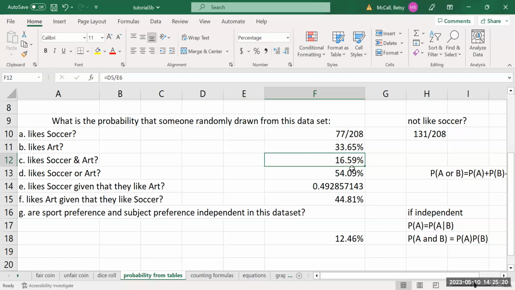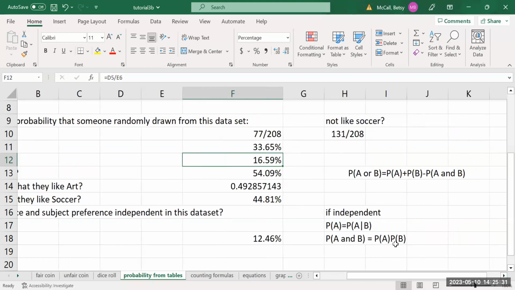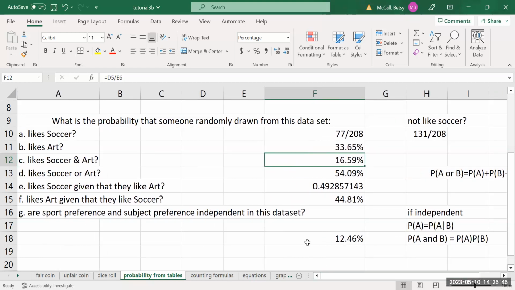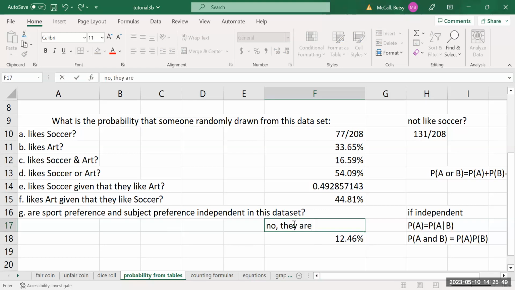And again, just to put them in the same format, 16% and 12% are not the same value. So we know this is not true. Again, this is why we can't use this multiplication rule to do the AND condition in our OR formula. We will get the wrong answer because they are not independent. We can't make that assumption without checking it. And here we've seen that, in fact, it's not true. So the answer to this question is no, they are not independent.